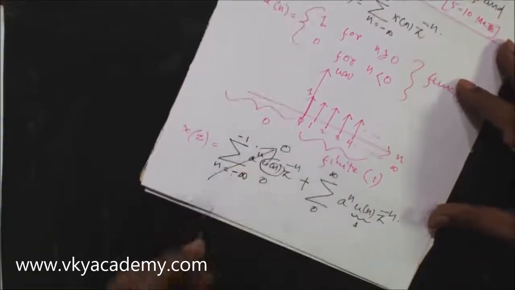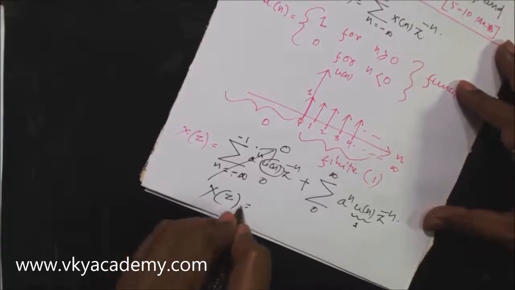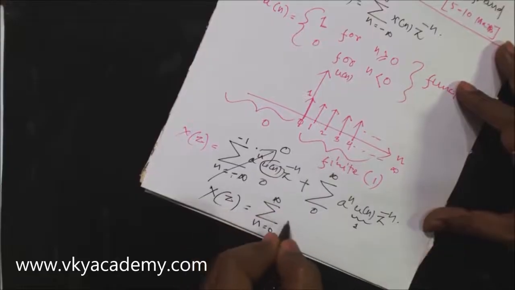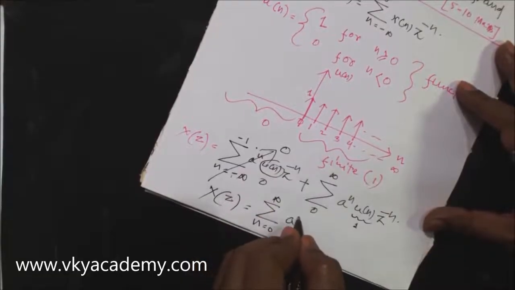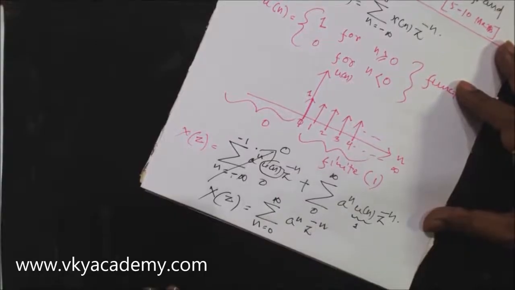So this can be written as x of z is equal to summation n equal to 0 to infinite a to the power n z to the power minus n, and u of n equal to 1.